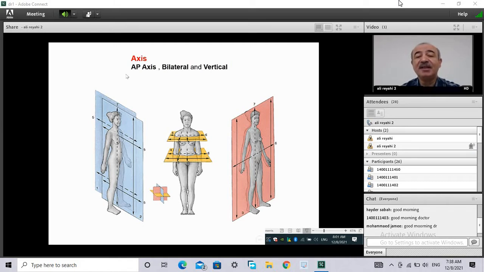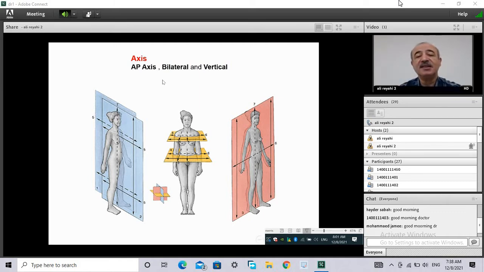For example, the AP axis is a line that enters the body from anterior and exits from posterior, like this line. Some movements like abduction and adduction occur around this axis.